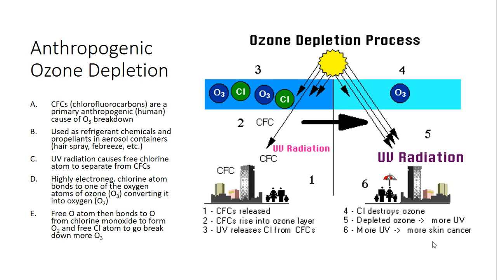Now, looking at ozone depletion and human influence towards this. Anthropogenic ozone depletion is the result of CFCs, or chlorofluorocarbons. These were compounds commonly used as refrigerants or propellants in aerosol cans like hairspray or Febreze back in the 60s and the 70s.